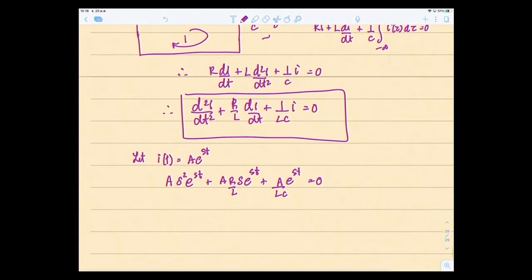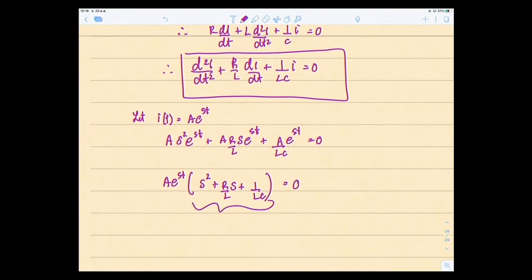So factor A e to the st out, and I would have A e to the st times s square plus R over L s plus 1 over LC equal to 0. So therefore, my characteristic equation is s square plus R over L s plus 1 over LC equal to 0.